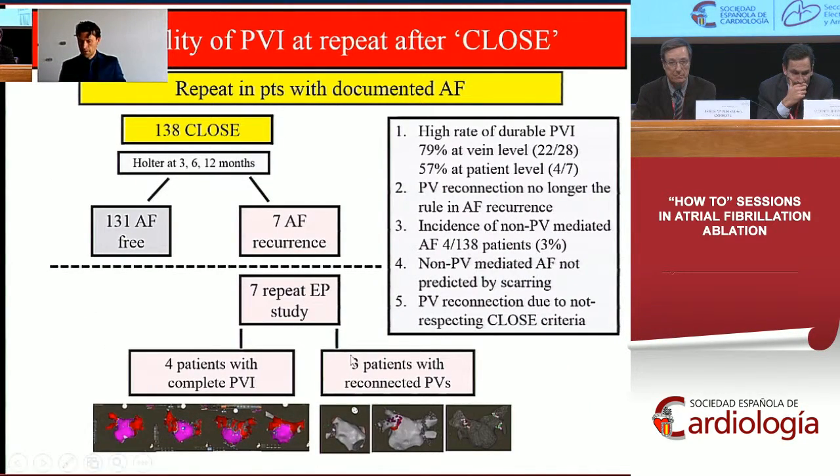Very important, those 7 patients all came back to the cath lab for a repeat study. 4 patients had complete pulmonary vein isolation. Only 3 patients had reconnected PVs. So this is important. 4 out of 7 patients had complete isolation of the pulmonary veins.